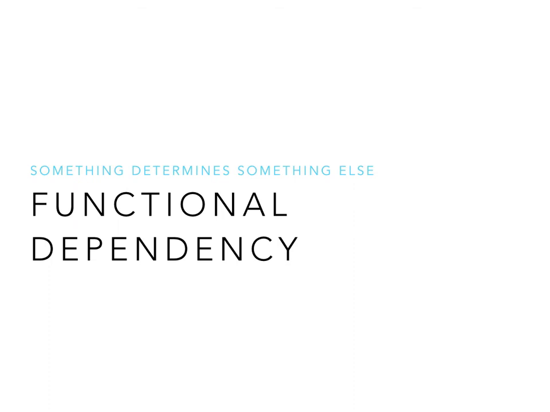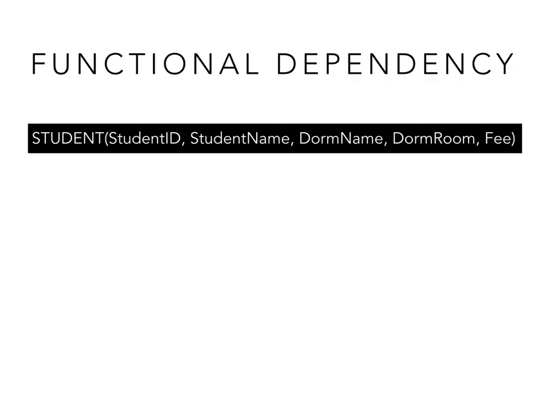So something determines something else. And let's try to look at an example of this. The relationship we're talking about here, something determining something else, is based on the nature of the physical system that we're modeling in the database.